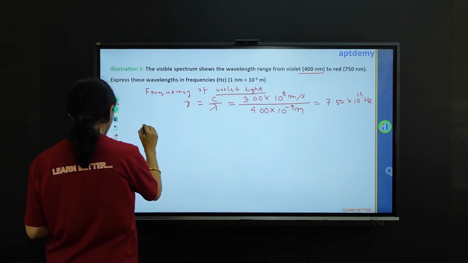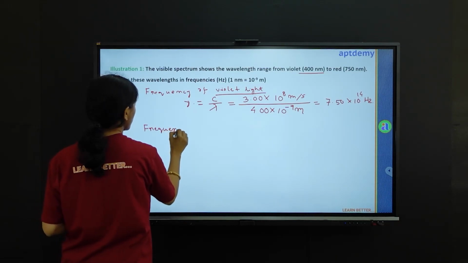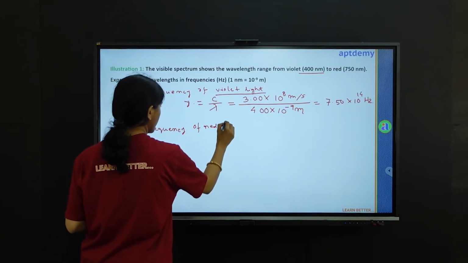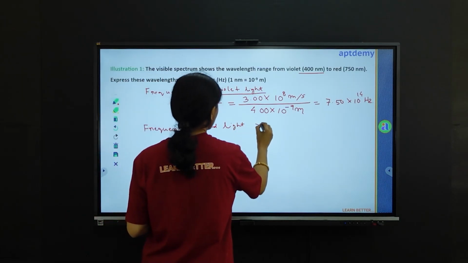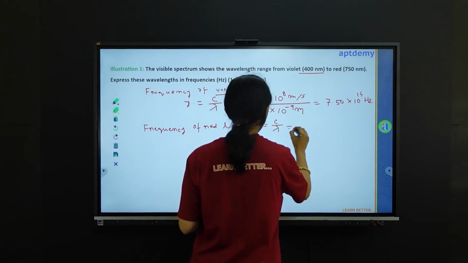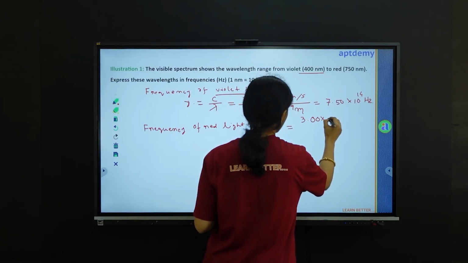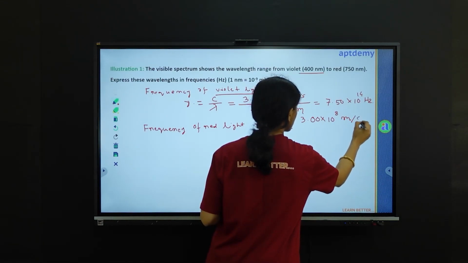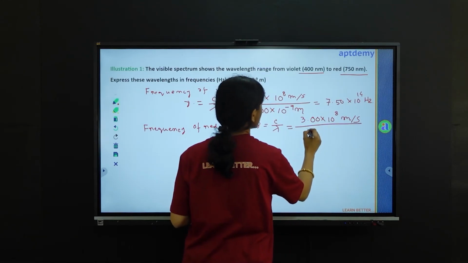So the frequency of red light, we will use the same formula, that is nu is equal to c by lambda, and just putting the values. Speed of light is again 3.00 times 10 to the power 8 meter per second, divided by the lambda, which is given as 750 nanometer.